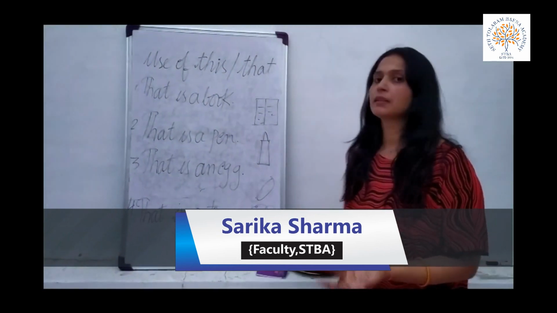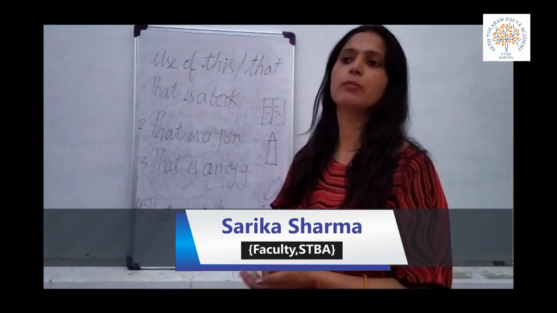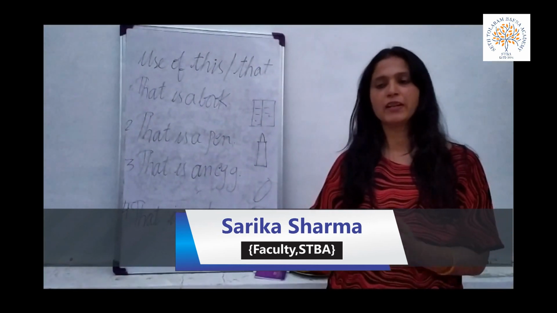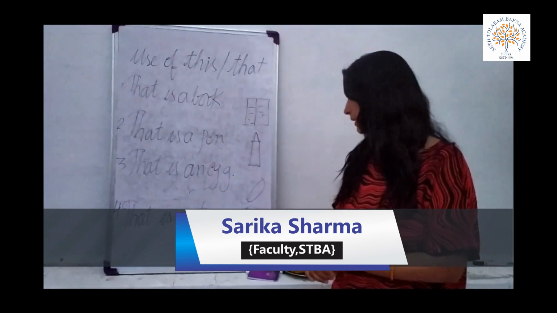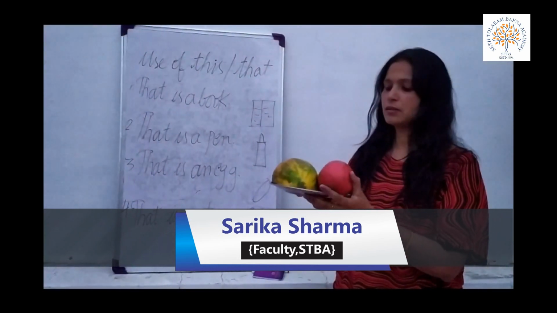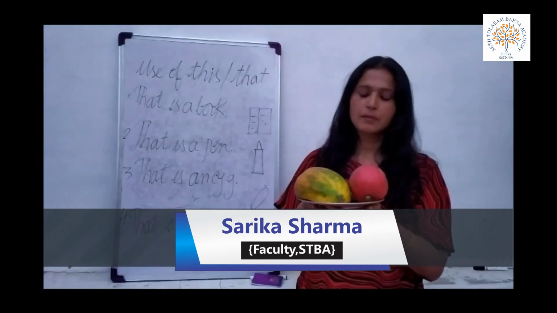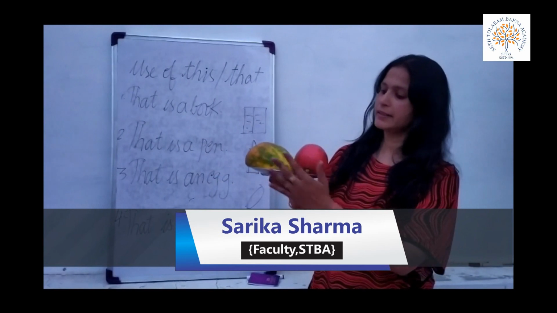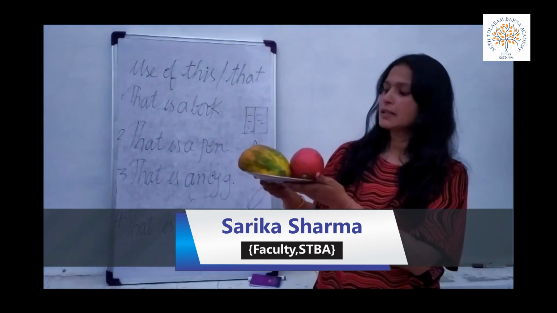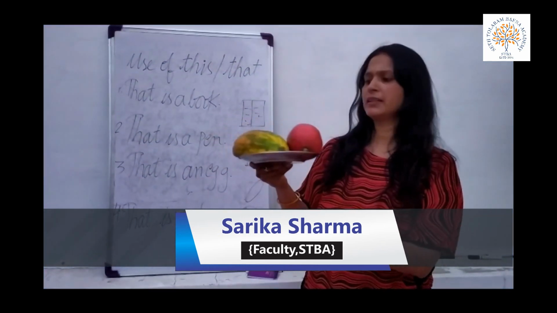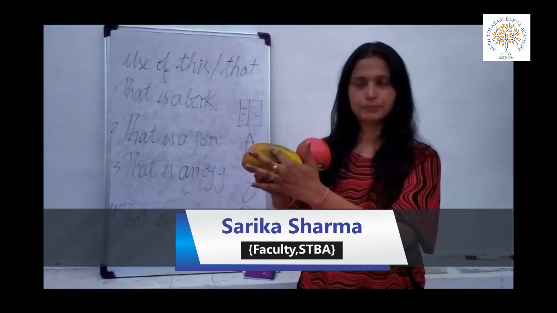So students, suppose you went to the market with your father or your mother and you want to buy some fruits, and you went to a big fruit seller's shop, and there are some fruits kept on a small plate. And two children stand near this plate and they say, I want this pomegranate, I want this banana, or I want this papaya.